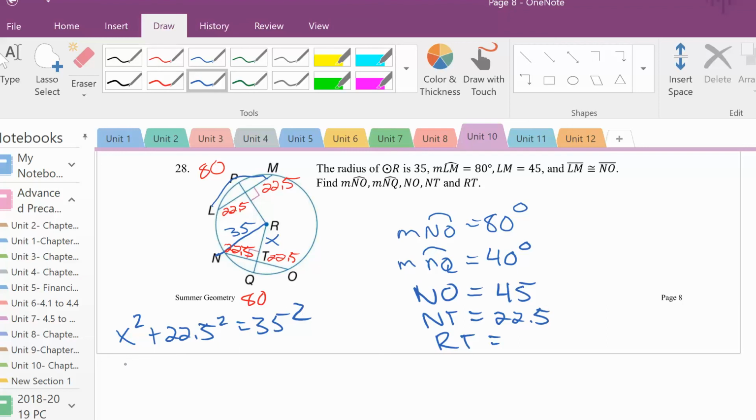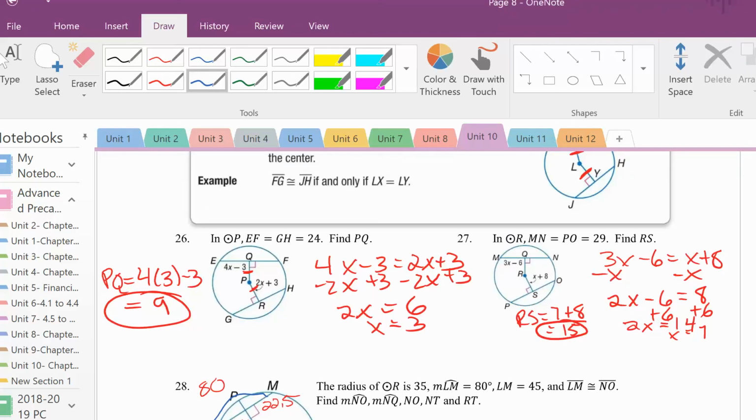And so when we square 22 and a half, we get x squared equals 718.75, and then when you take the square root, it's equal to 26.810. So that is what RT is equal to, 26.810.